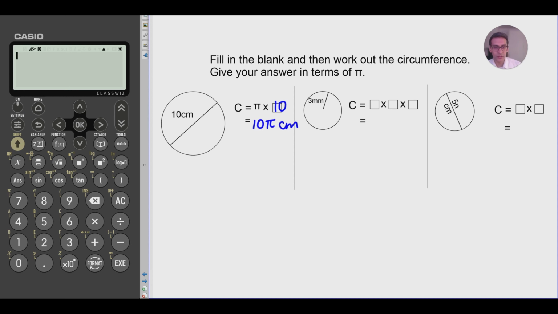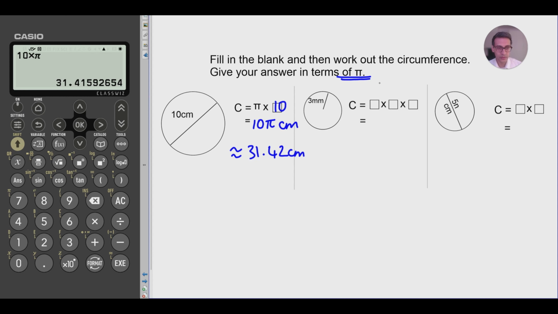Now it's asked to give your answer in terms of pi, so we don't actually need to round it into a decimal, but if it did ask us to do that, we'd do 10 times shift 7 equals, format, decimal, 31.4, and we know what pi is already, 3.14, so this is just going to be roughly 31.4 centimeters. The rest I'm not going to do the rounded answers for because it's just asked us in terms of pi.